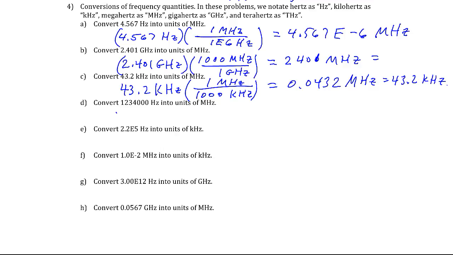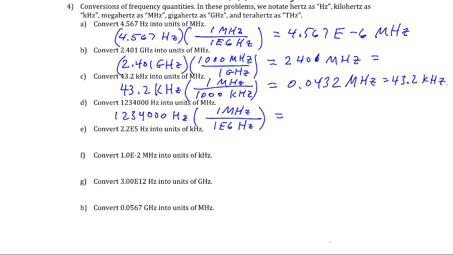Now I've got 1,234,000 hertz, and I want to put this in terms of megahertz, so I'm going to multiply by 1 megahertz is equal to 10 to the 6th hertz. The hertz cancel, and I've got 1e6 in the denominator, and I'm going to use that 10 to the minus 6 to move my decimal place over 6 places. 1, 2, 3, 4, 5, 6.